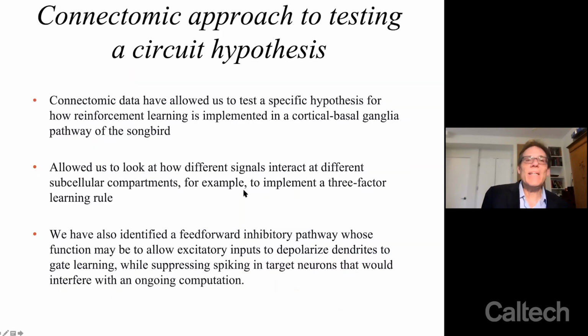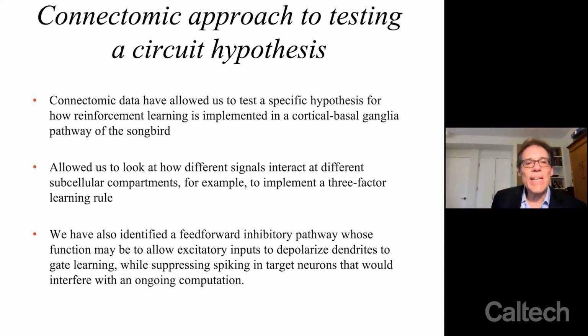Okay, so let me end by summarizing. The connectomic data that we've been analyzing in collaboration with Winfried and Varen have allowed us to test a specific hypothesis for how reinforcement learning is implemented in a cortical basal ganglia circuit.